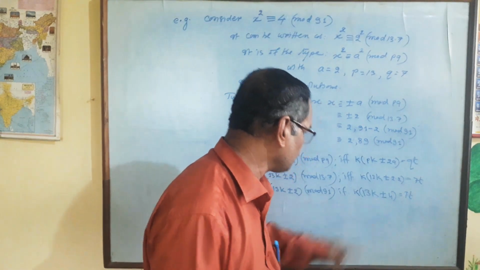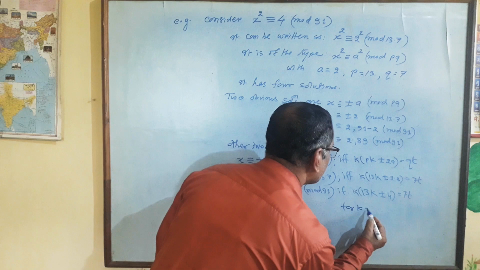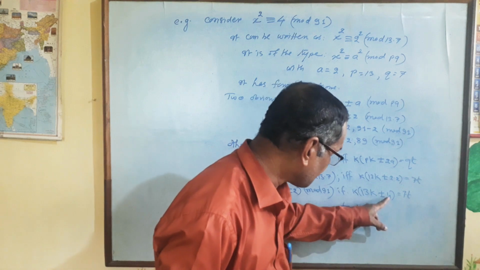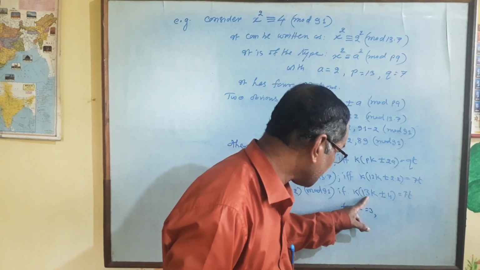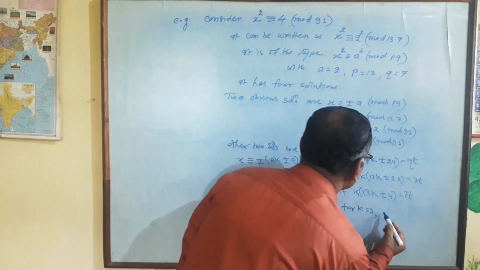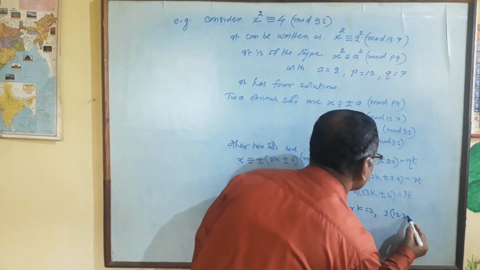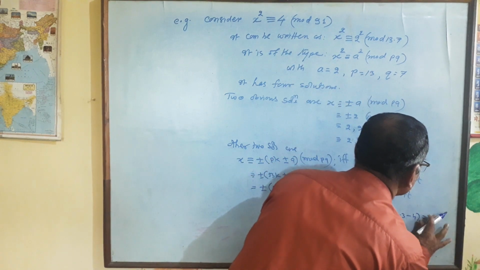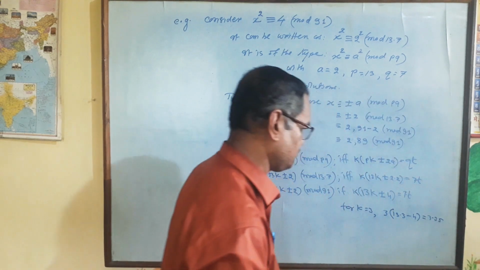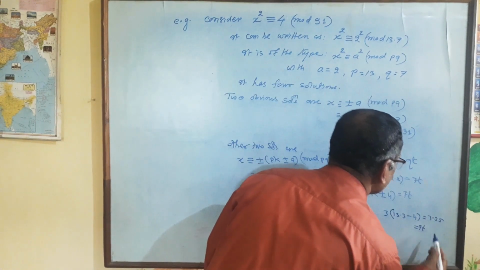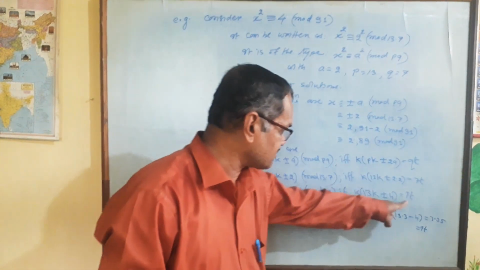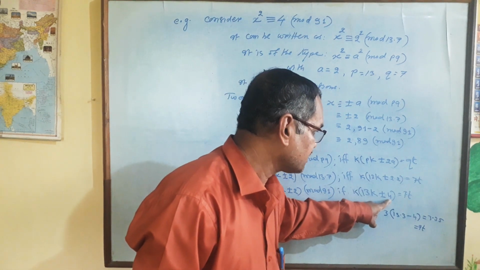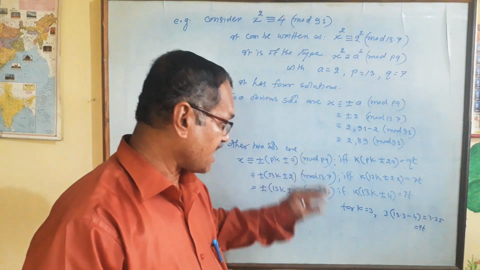But if we put k equal to 3, 13 into 3, 39. 39 plus 4, not divisible by 7, but 39 minus 4 is 35, and 3 into 35 is divisible by 7. So k equal to 3 works here.